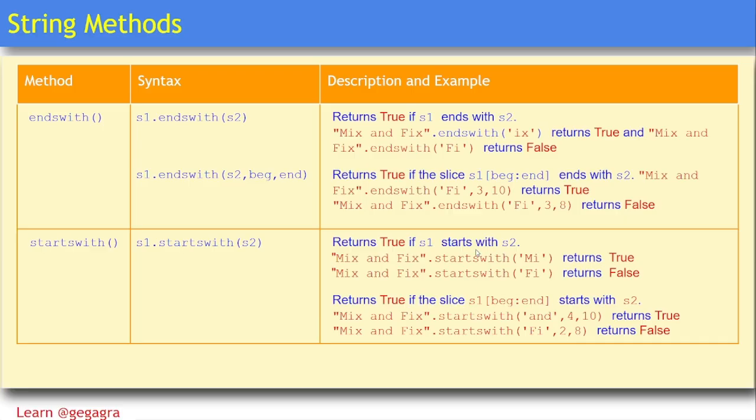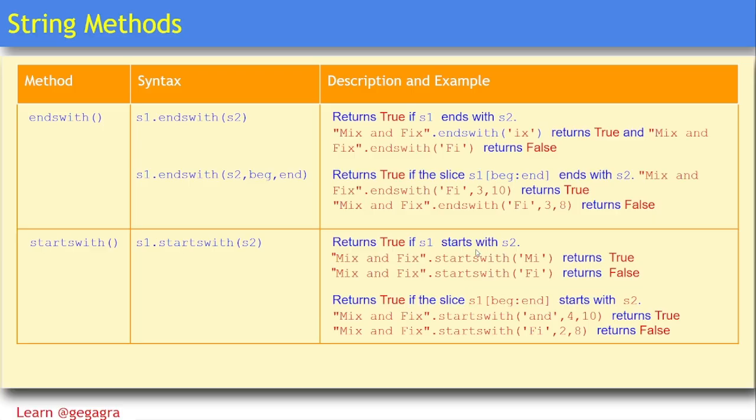The first example, "mix and fix" startswith "mi": obviously the entire string begins with mi, and that is why it returns true. But when you say "mix and fix" startswith "fi", obviously it is not starting with fi. Rather, it could be the end of the entire string. So it will return false.